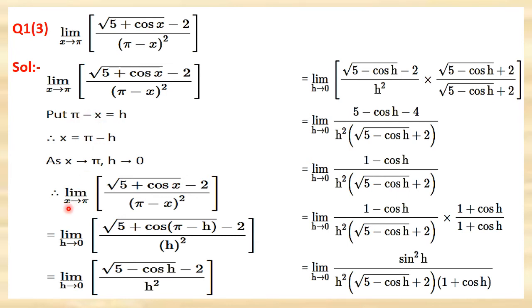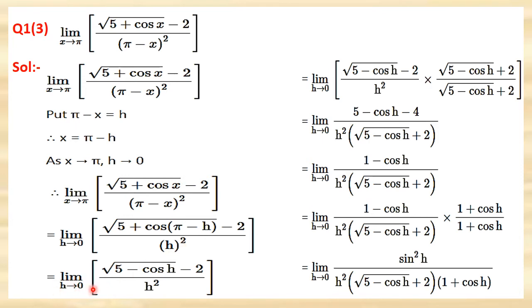Then limit x tends to pi of (root of (5 plus cos x) minus 2) upon (pi minus x) the whole square. That is, limit h tends to 0, root of (5 plus cos of (pi minus h)) minus 2 upon h the whole square.